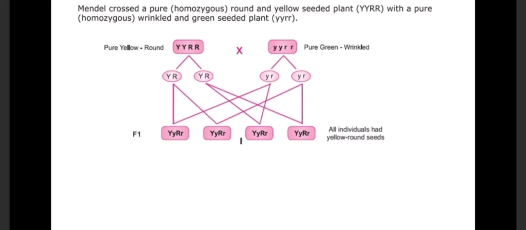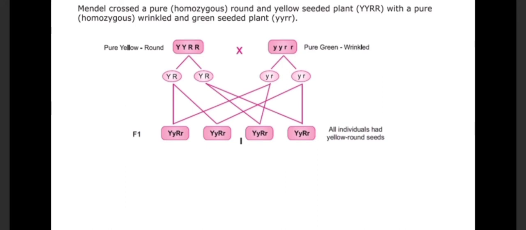In the dihybrid cross, Mendel crossed a pure homozygous round and yellow seeded plant with a pure homozygous wrinkled and green seeded plant. While doing the crossing, one allele for each characteristic will be received by the gamete. So for the pure yellow and round plant, only capital Y for yellow and only R allele for round will be received by a single gamete.